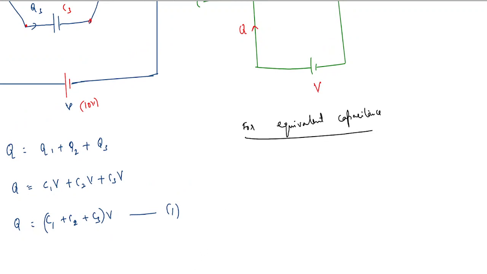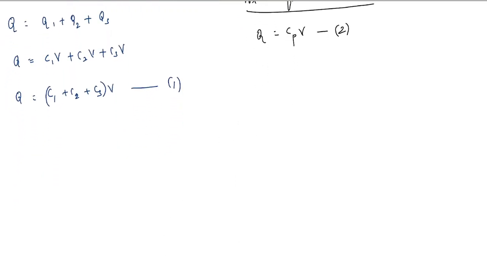So the charge Q is equal to Cp into V, the same voltage drop, called 2. Comparing 1 and 2, we can say that Cp into V is equal to C1 plus C2 plus C3, the whole into V. So from here V gets cancelled. Therefore what we get is a simple expression which says Cp is equal to C1 plus C2 plus C3.